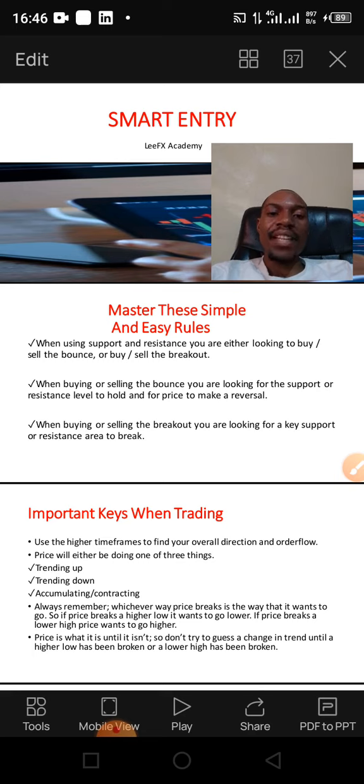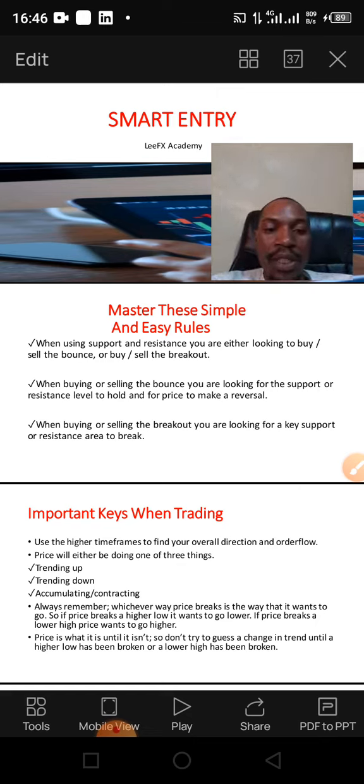Then when the price breaks the support, you change and go for sell. Because when the price breaks the support, it is an indication that the sellers have got more power than buyers, and it's a good sale. You go in and sell. This is one of the simple rules that you need to follow.